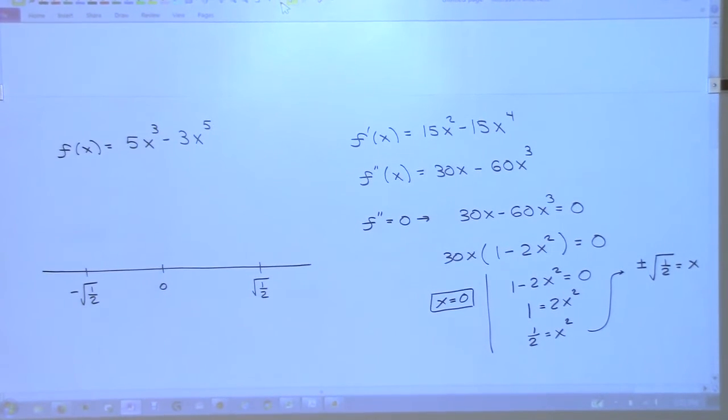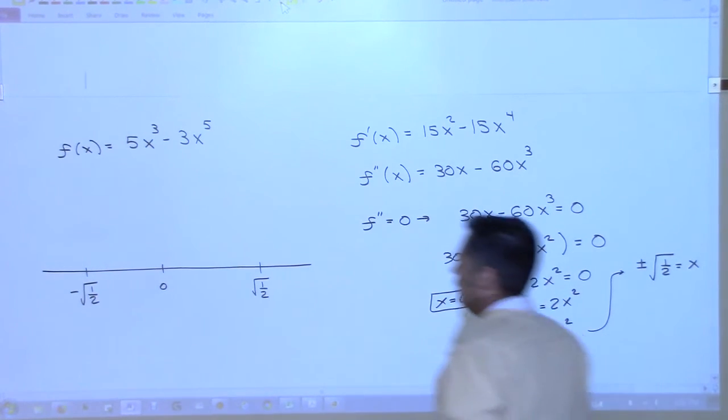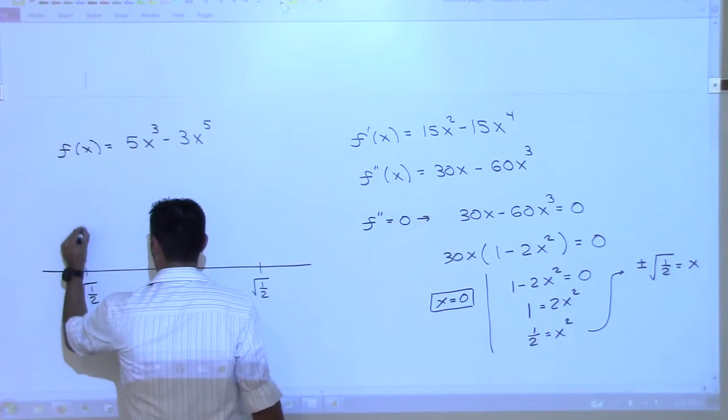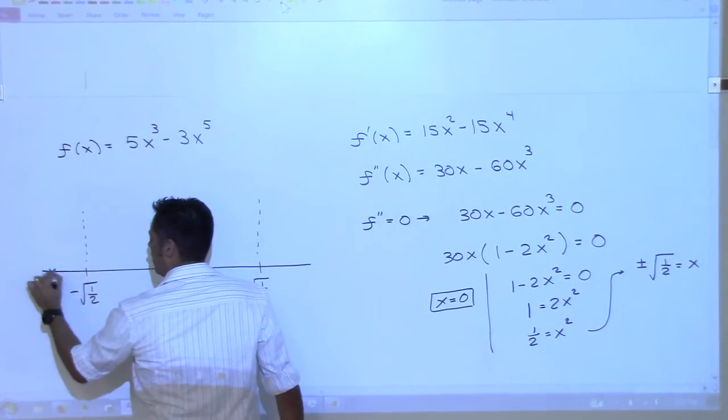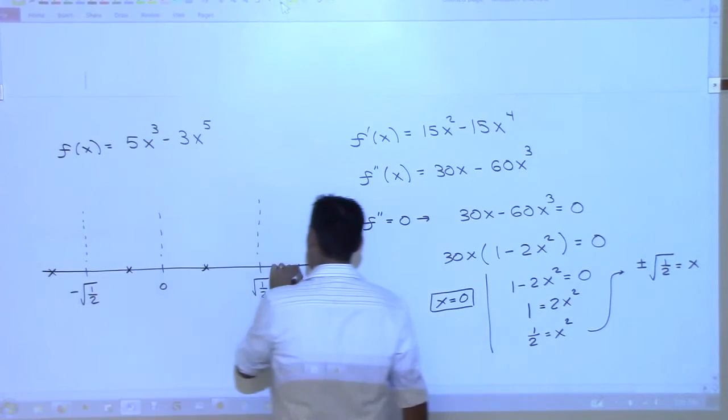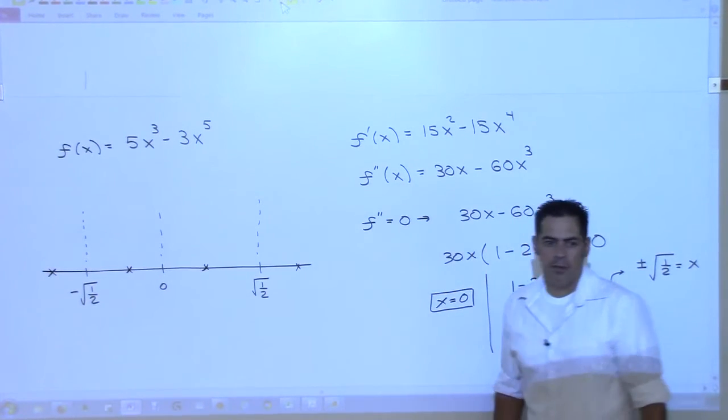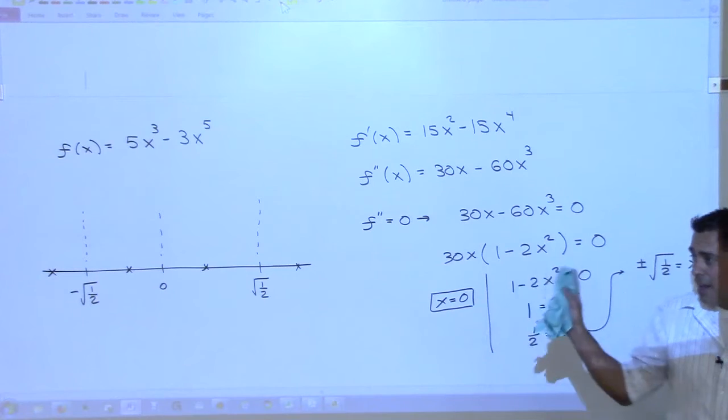And that means we're going to have 4 test points. And we're going to take those test points and plug them into the second derivative, right? So we have to pick something here, here, here, and here.